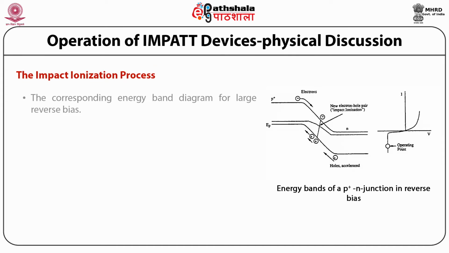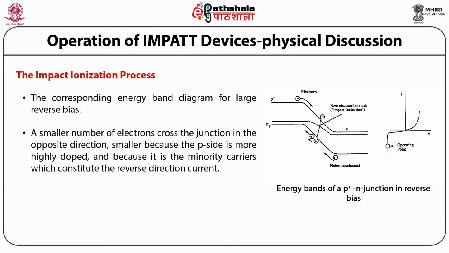Here the corresponding energy band diagram for a large reverse bias is shown in this figure below, where the reverse current consists primarily of holes which diffuse up to the potential barrier from the inside and then quickly traverse the junction, accelerated by a very strong electric field there.